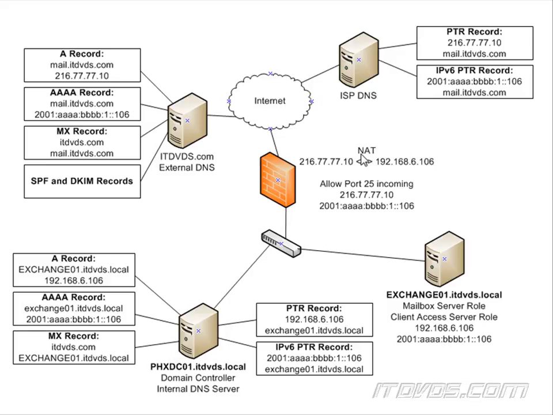NAT stands for Network Address Translation, gets translated to an internal IP address. So when we're working with our external DNS records, we're going to have an external IP address, and that IP address, when a packet or email goes to it, is going to hit the firewall. It's going to be translated to 192.168.6.106 in our case, and then be sent to our Exchange server.